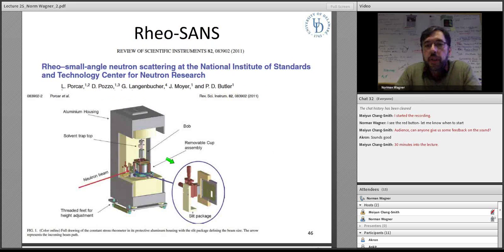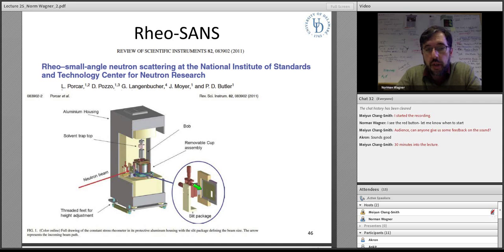And more recently, and what you will find on beamlines now around the world in many places, is based on work that Lionel Porcar and Paul Butler and a group from Anton Paar, did with Danilo Pozzo, who's a faculty member at Washington, and that's shown here in this Review of Scientific Instruments, where they use a rather sophisticated rheometer and have a flow geometry with solvent traps and have slit geometries to look both at the radial and the tangential.